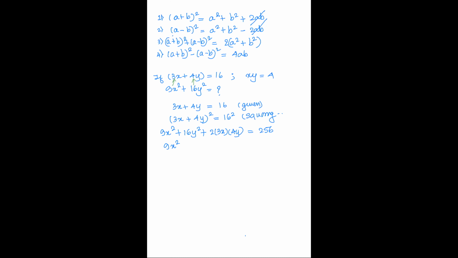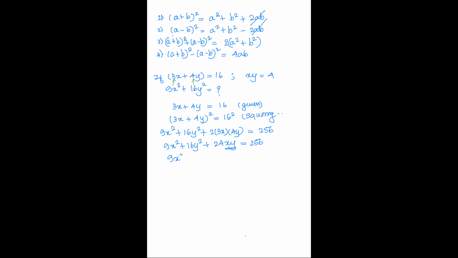9x square plus 16y square. इसकी वैल्यू हमें करनी है फाइंड. Plus 2 3s are 6 and 6 4s are 24. This is 24xy is equal to 256. Now tell me, what do we do, students? We will simply substitute the value of xy, which is 4 as per our question.